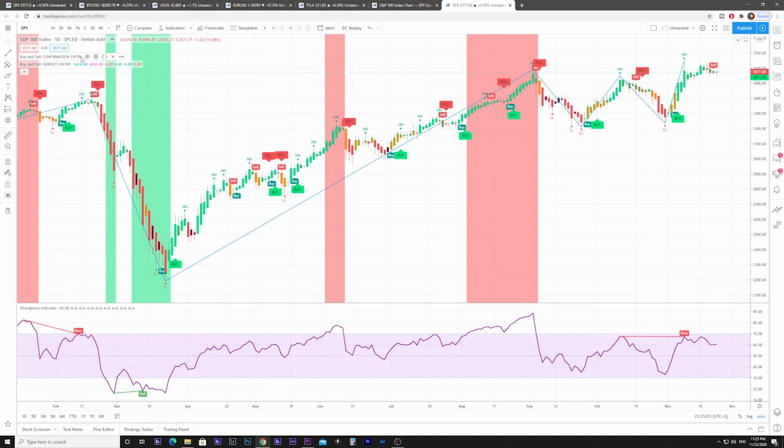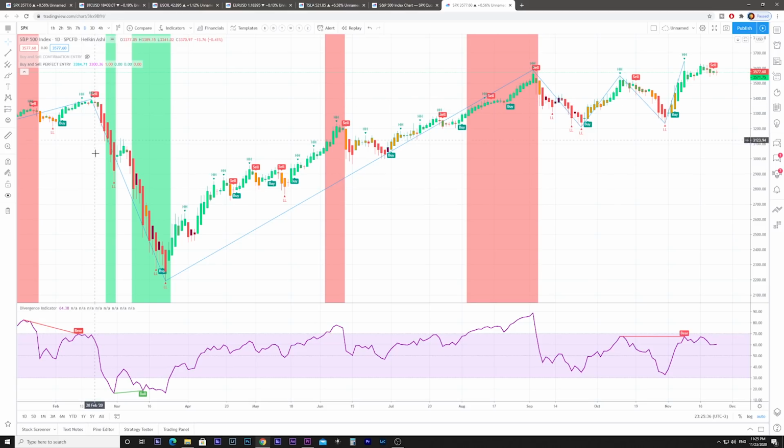First of all, let's look at the Perfect Entry indicator, and you're going to see how here it gave a sell signal. It was like a perfect sell entry here if you made this trade.